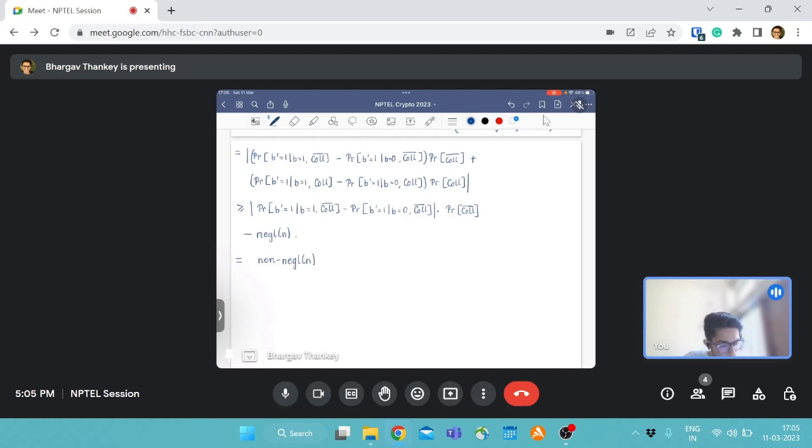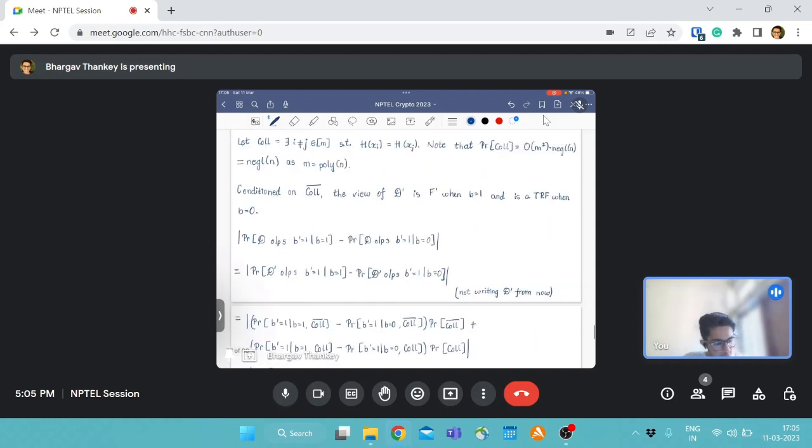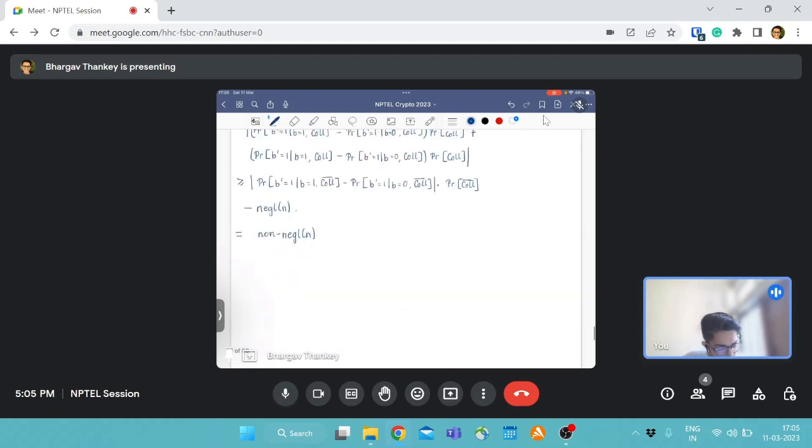What is the probability of a collision not happening? The probability of a collision happening was negligible. So the probability of a collision not happening is 1 minus negligible. So now both of these functions are non-negligible, so the product is going to be non-negligible.